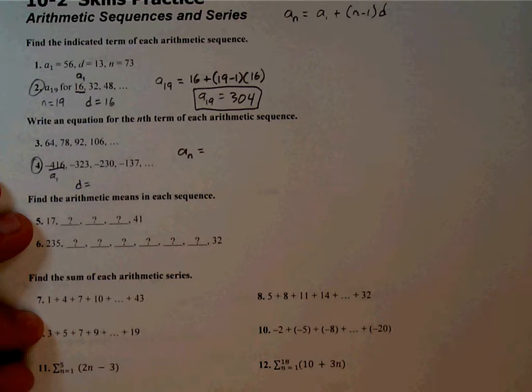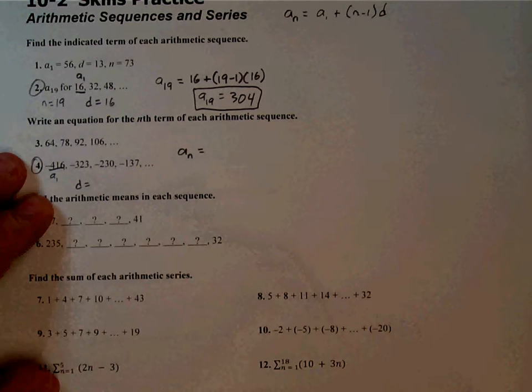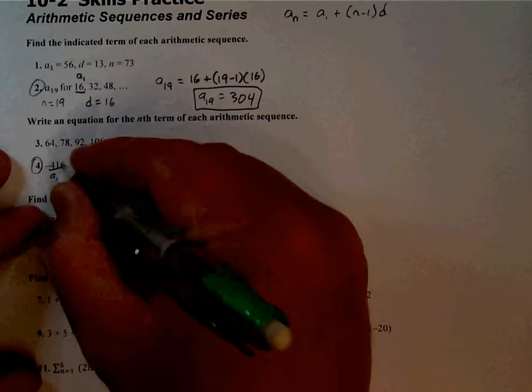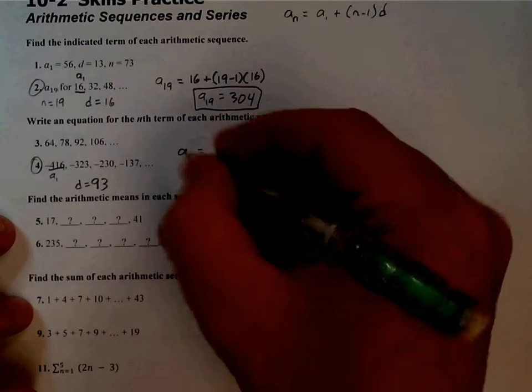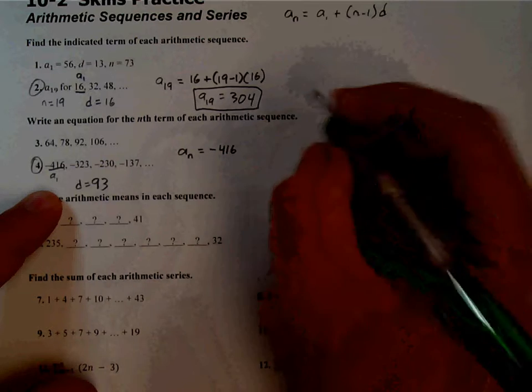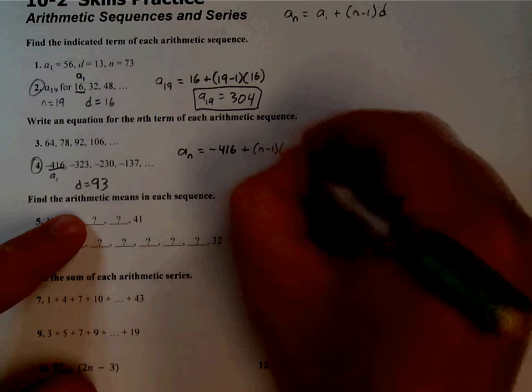Well, to do that, if you're not certain, especially since we have rather large numbers, you can take negative 232 minus negative 416 to work backwards. We see that it's 93. That means we're adding 93 from one term to the next. Okay? So now I know everything from my formula. First term plus, I don't know what n is, n minus 1, times d, which is 93.